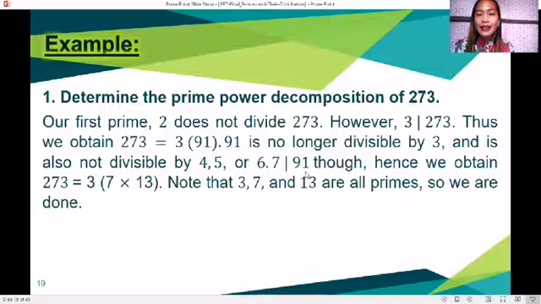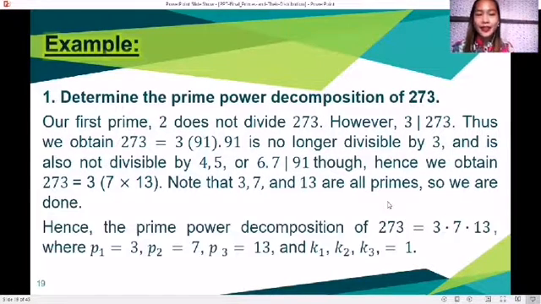7 divides 91 though. Hence, we obtain 273 is equal to 3 times 7 times 13. Note that 3, 7, and 13 are all primes. So, we are done.